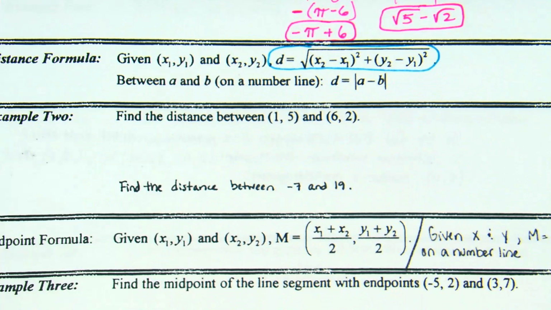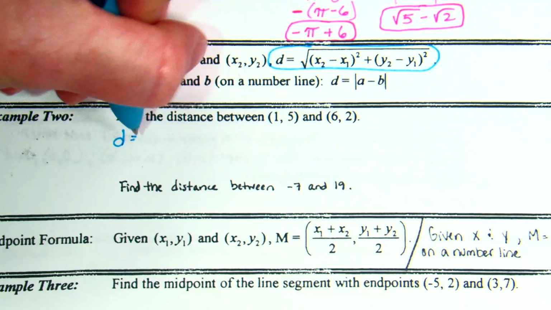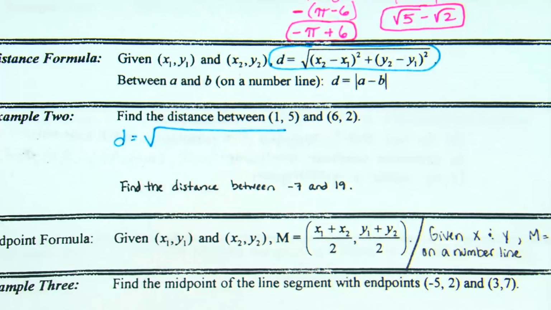Okay? So as I fill this in, I'm going to say D is the square root, and it's x2 minus x1 quantity squared. It doesn't matter which x you pick, which order you do your x's in here. So that means we can either do 1 minus 6 or 6 minus 1. I'll be honest, I tend to go bigger minus smaller.